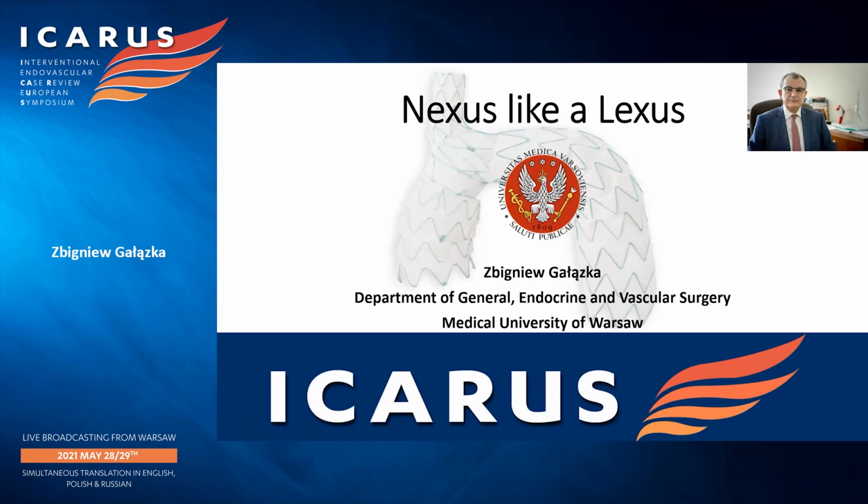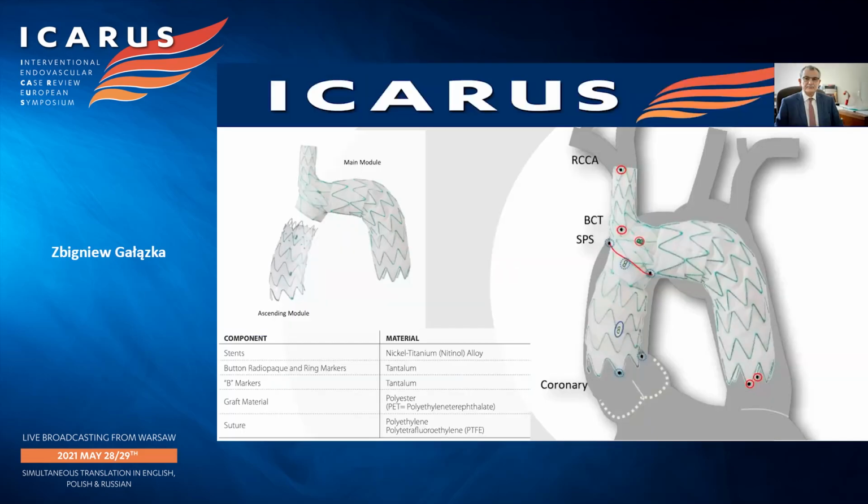I would like to present our experience with the new stent graft. The name is Nexus. These are technical details about this new stent graft in the aortic arch. It consists of two components: the main body to the aortic arch, and the second one is a segment to the ascending aorta.